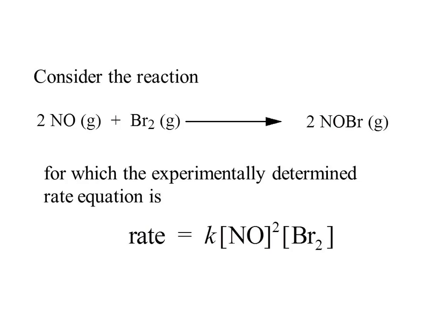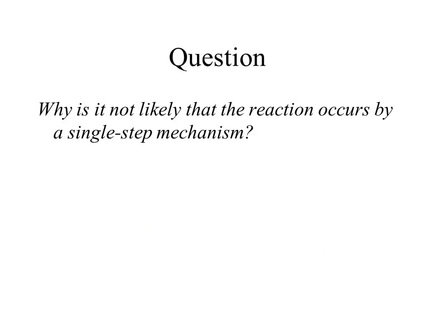But that would mean, if that's an elementary step, it's not likely to be, just in general, trust me. If you have an elementary step that requires 3 particles, in this case 2 NOs meeting up with 1 Br2, the odds are not good.